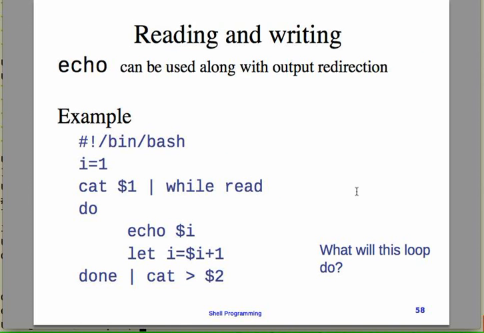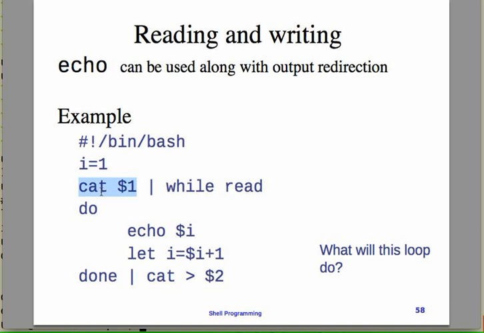Here's a slightly more complicated example. The way to look at this is you have a loop in which you do very simple things. You echo a variable and bump it up. On the other hand, you're taking as input the output of this cat command, which is going to list all the contents of whatever is supplied as an argument to this entire script.